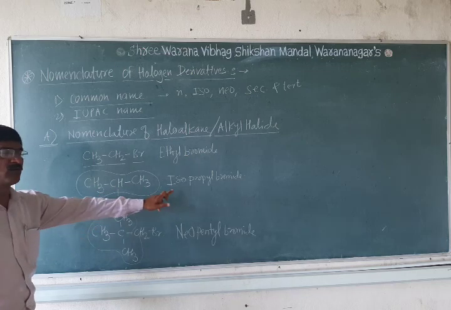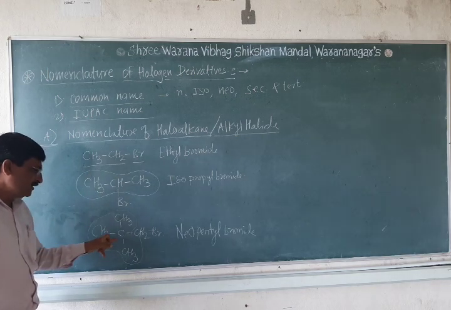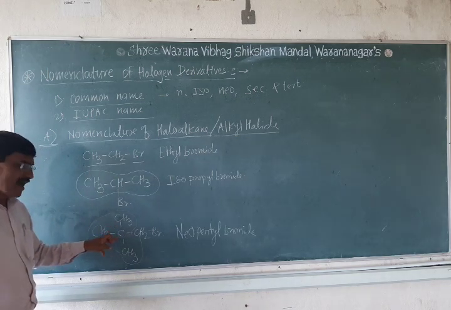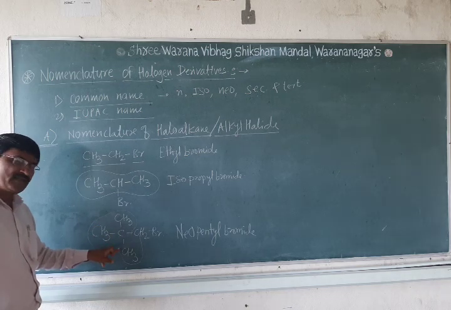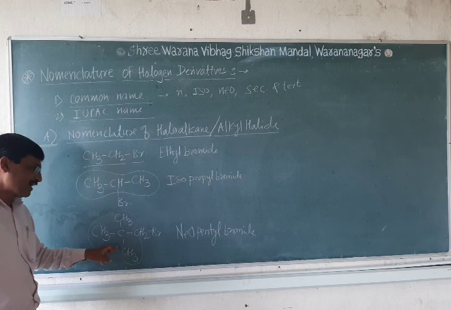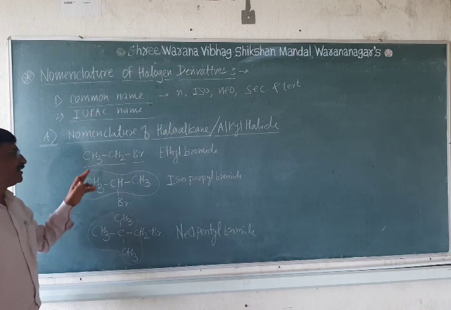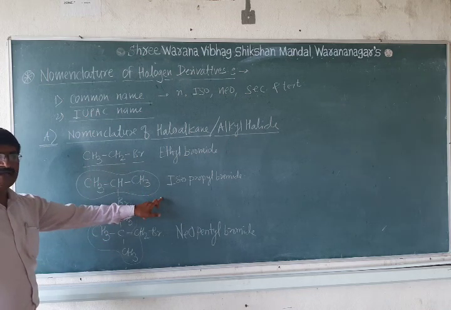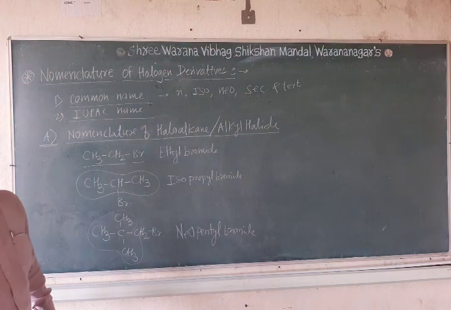That time the resultant group obtained is called the iso group. In case of neo, the branching at carbon number two is in both ways, in the upward direction as well as in the downward direction, with two other carbon atoms attached. That time the resultant group obtained is called neo.